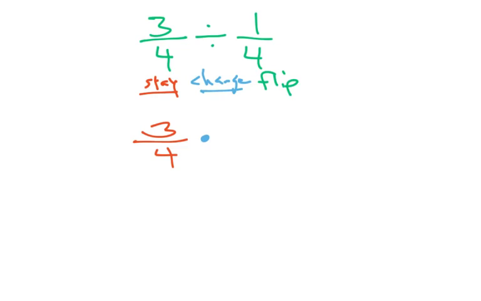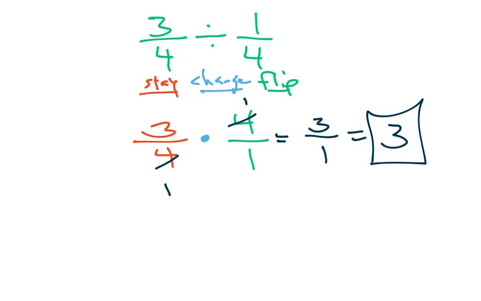And then the flip means the reciprocal. So I'll place 4/1. Got some nice cross-canceling opportunities there. Obviously, the GCF of 4 and 4 is 4. So if I divide those both by 4, I'll get 1/1, which is technically 3/1. But that's not a good end answer, because 3/1 simplifies to simply 3. Boom. Box it.